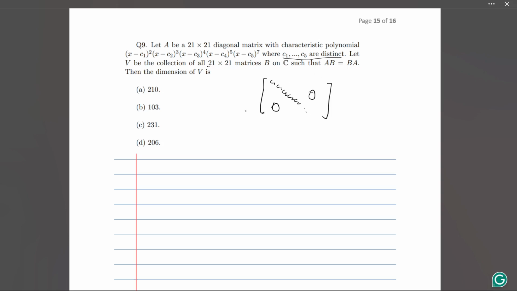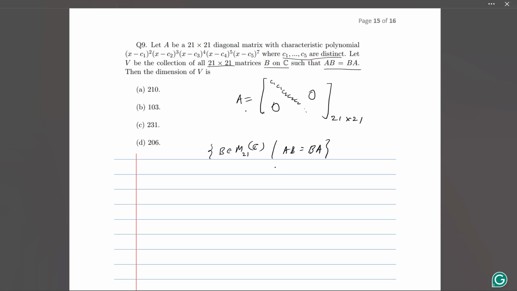C1, C2 up to C5 are all distinct. Let V be the collection of 21 cross 21 matrices B over C such that they commute with A. So we want to calculate all B in M21(C) such that AB is equal to BA.